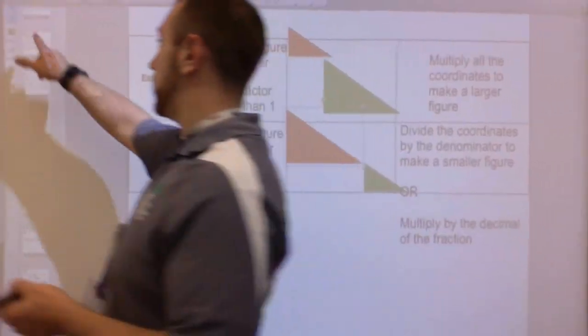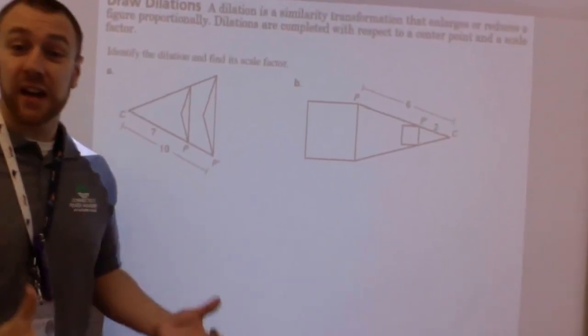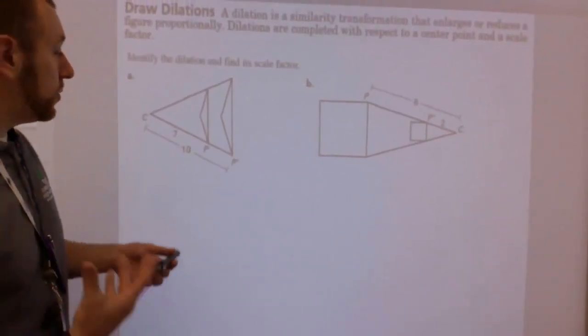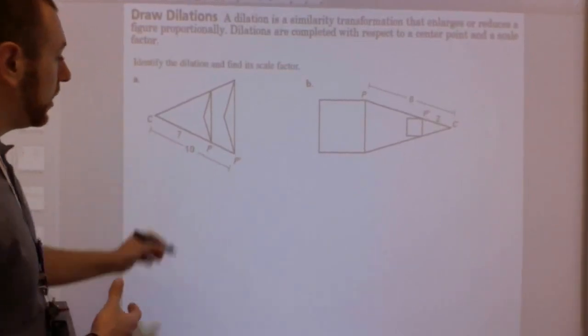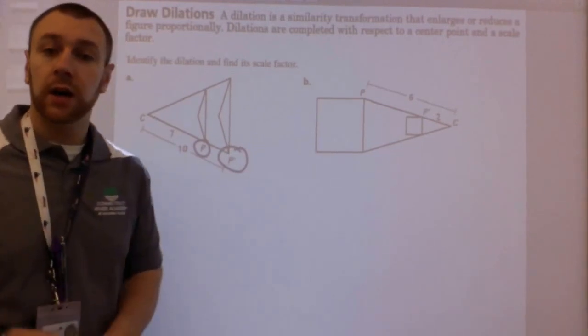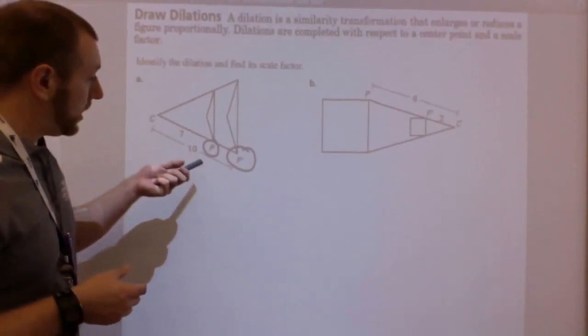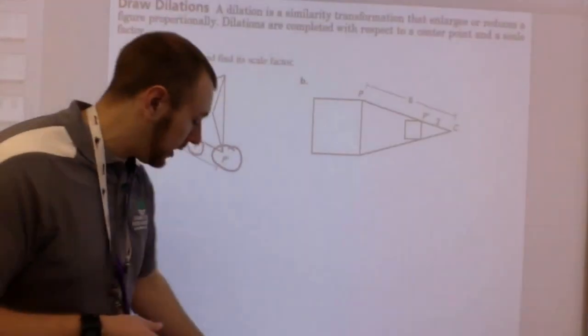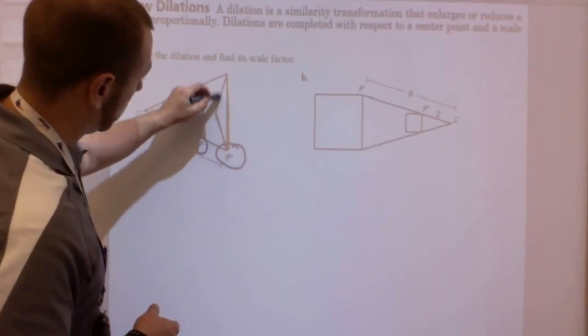Now, for examples on this, the first thing we have to figure out is the scale factor. We have to figure out what's the first figure and what's the second figure. The first figure is P, the second figure is P apostrophe. So first, we're talking about this triangle and this triangle here.